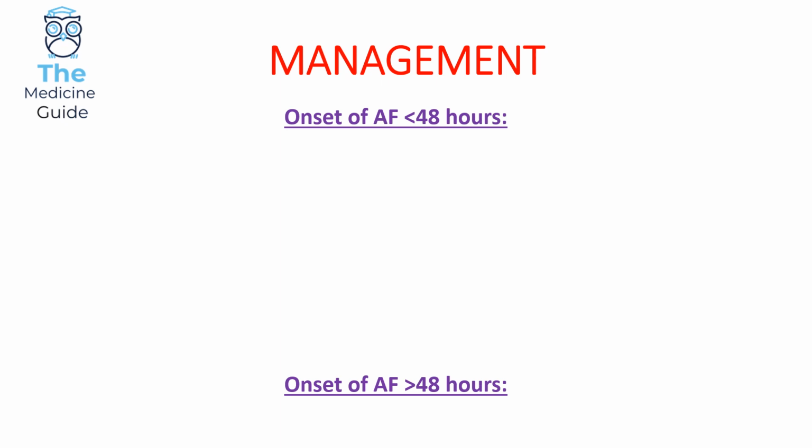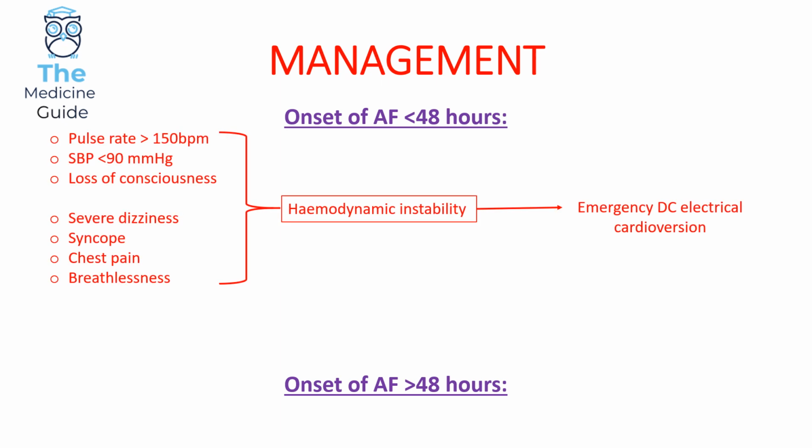Okay, so the management of atrial fibrillation will vary upon whether the onset was within 48 hours or after 48 hours. So let's firstly begin by looking at a situation where the onset of atrial fibrillation is within 48 hours. If the patient is in a state of hemodynamic instability, they will need emergency DC electrical cardioversion.